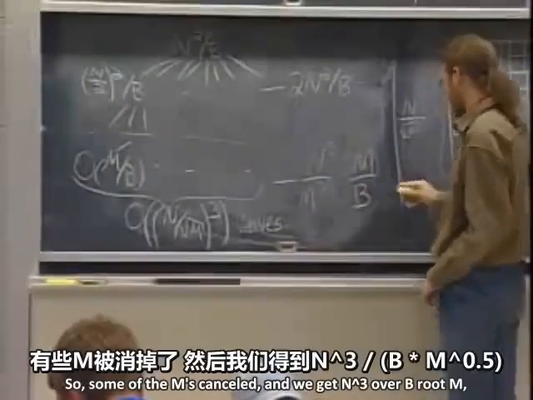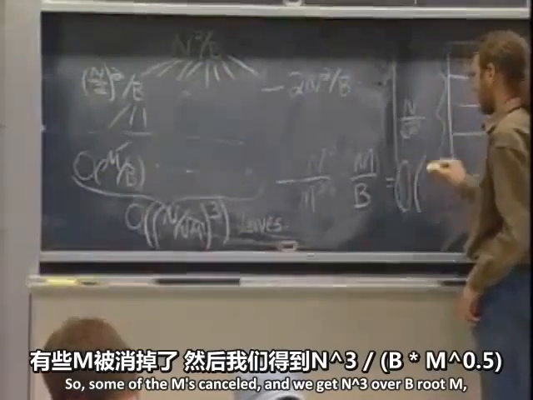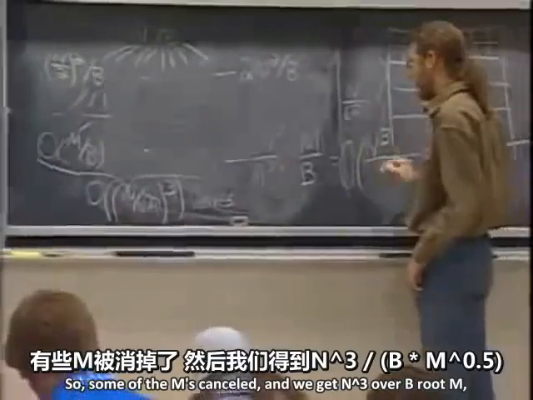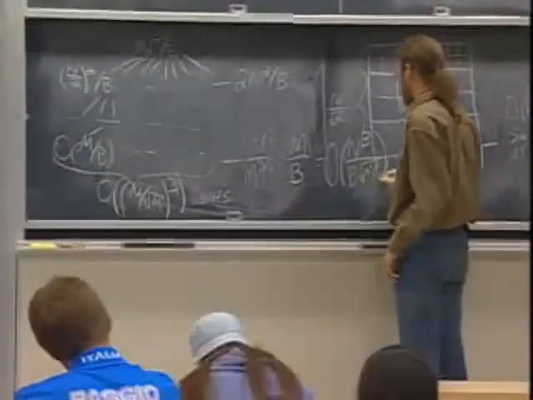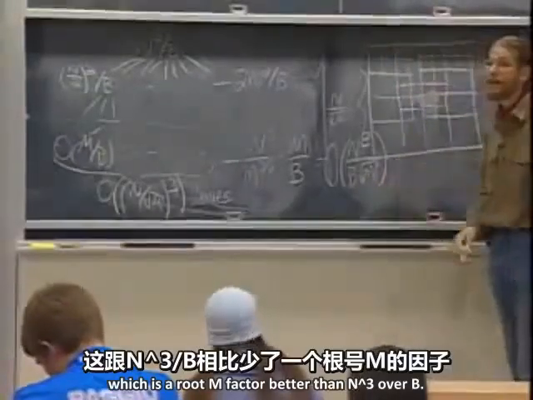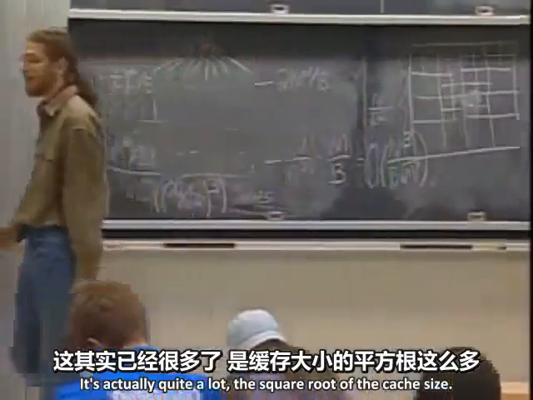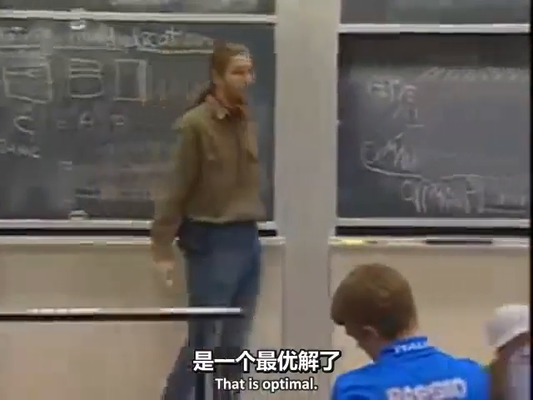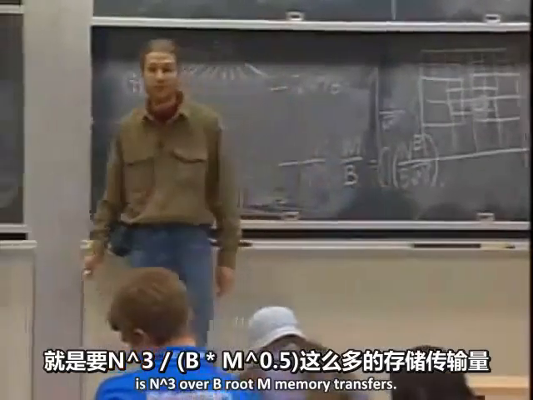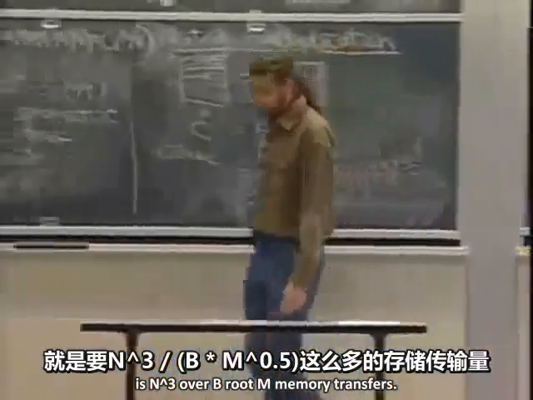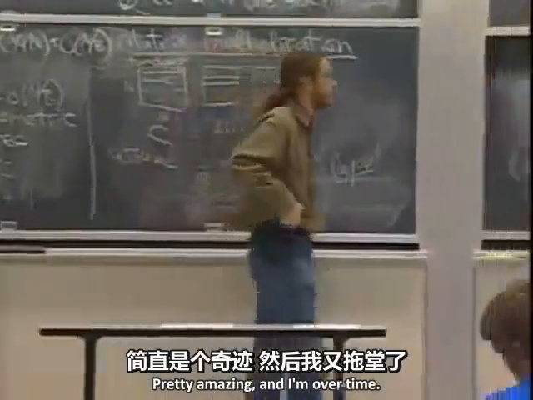So some of the m's cancel, and we get n cubed over b root m, which is a root m factor better than n cubed over b, which is actually quite a lot, square root of the cache size. That is optimal. The best two-level matrix multiplication algorithm takes n cubed over b root m memory transfers. Pretty amazing. And I'm over time.